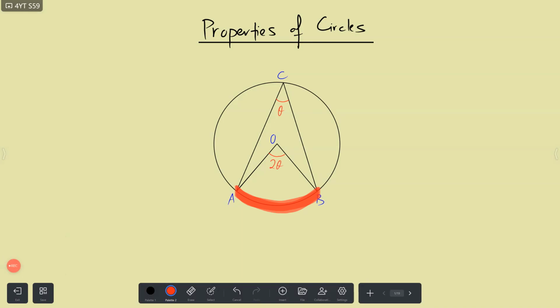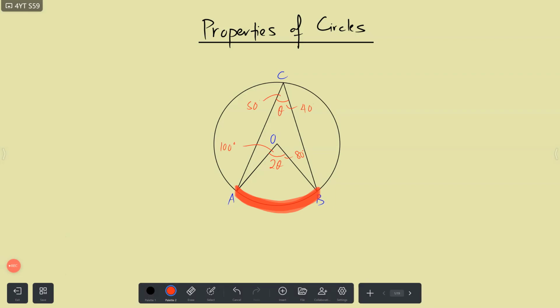Okay, meaning if the angle ACB is equal to 40 degrees, then this one will be 80 degrees. Or if this angle here is equal to 100 degrees, therefore this one must be 50 degrees.